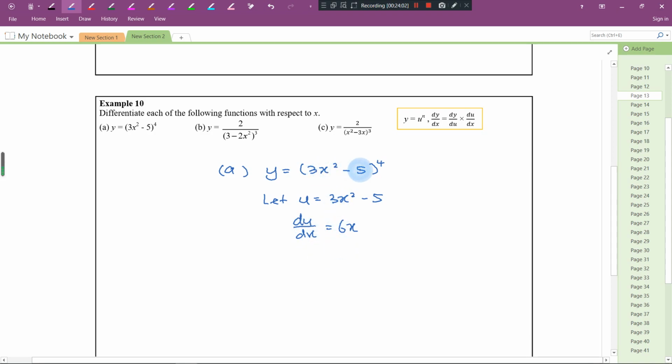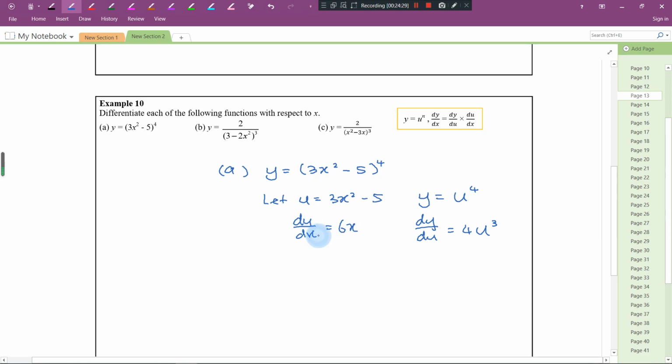Now, since I have let this one be u, here it will become u. y is equal to u raised to the power of 4. Since this is u, I will need to find dy/du. 4 brings down here, times u to the power of 4 minus 1, you get 3.